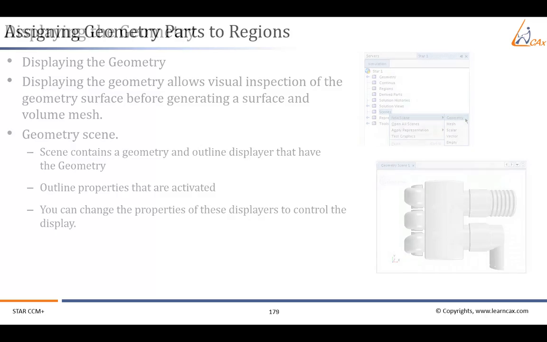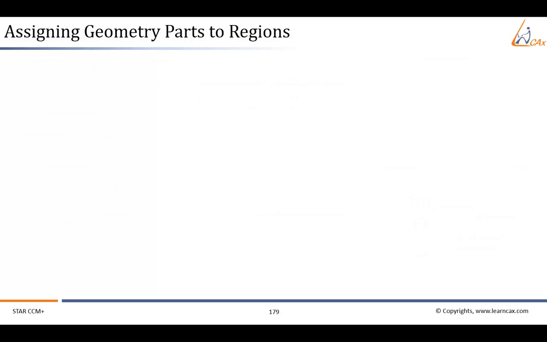How to assign geometries to regions. We know that regions are needed for any CFD simulation. Hence, all geometric entities need to be assigned to regions. Why is this so? Let us briefly discuss this concept.